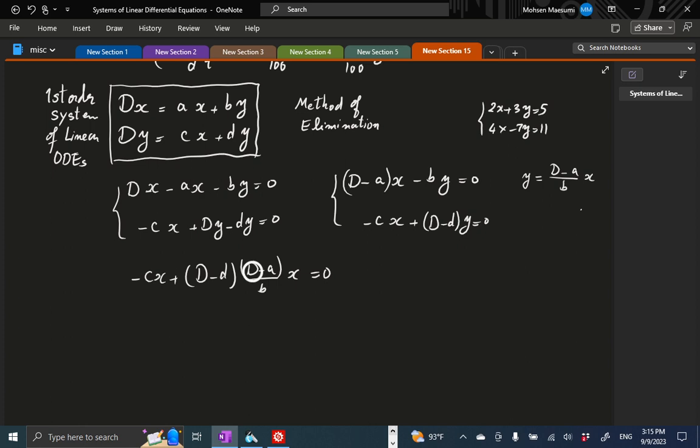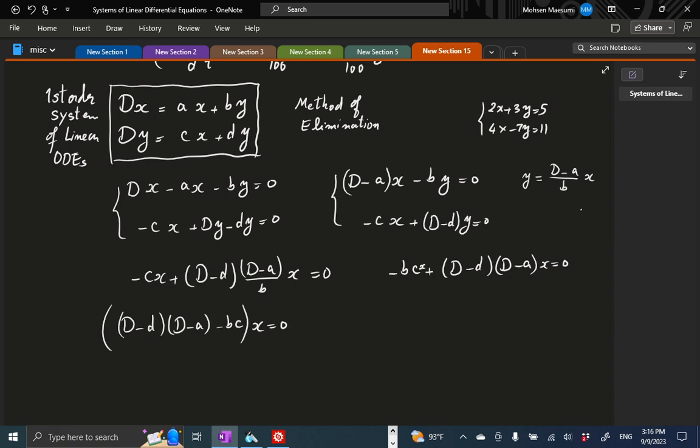You can clear the fractions like how you clear fractions in any other equation. D minus d and D minus a, excuse me, there's an x here I'm missing, times x equal to 0. We can factor the x, so I'll have D minus little d, D minus a, and then minus bc, all of it times x equal to 0.